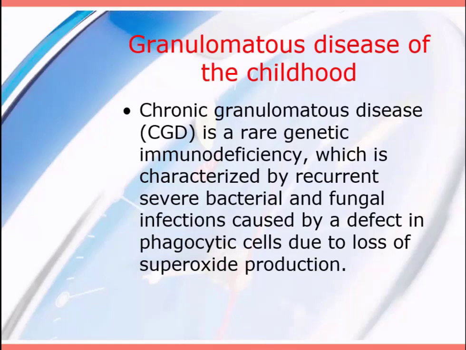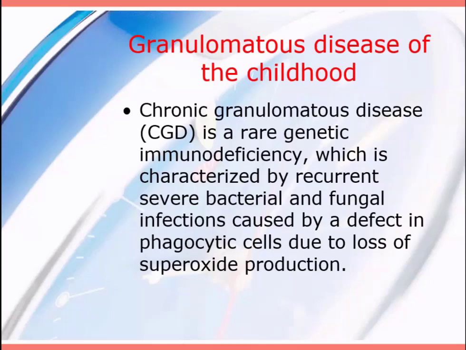What is the problem with this disease? The problem is that the phagocytes are unable to deal with the staph. The staphylococcal bacteria are eliminated very easily in a normal child, and pus is formed after the phagocyte engulfs it.